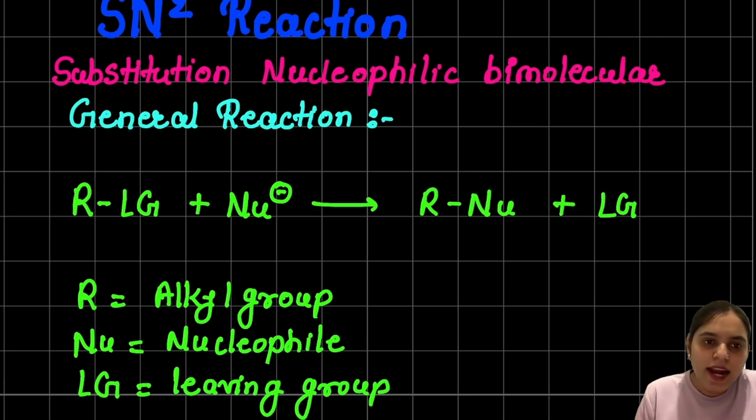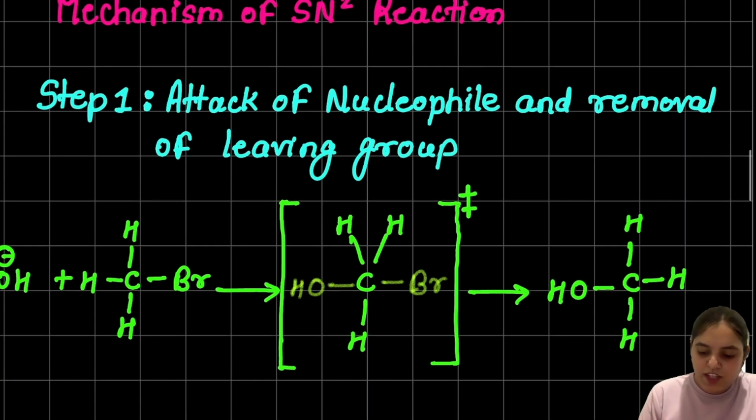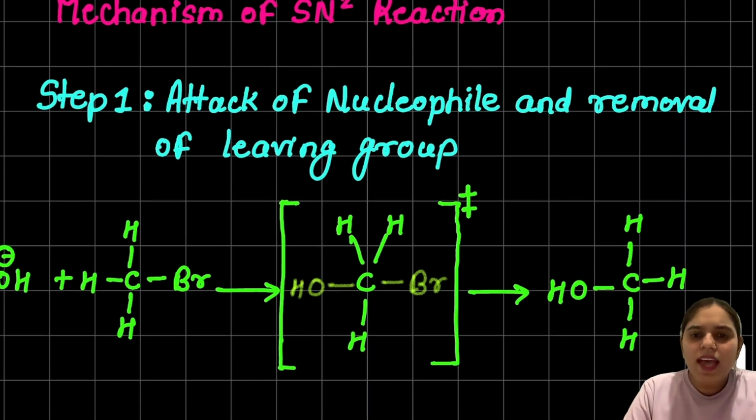Since both the substrate and the nucleophile are involved in the rate determining step, it is called a bimolecular reaction. Now let's understand the mechanism of the SN2 reaction. It occurs in a single step.